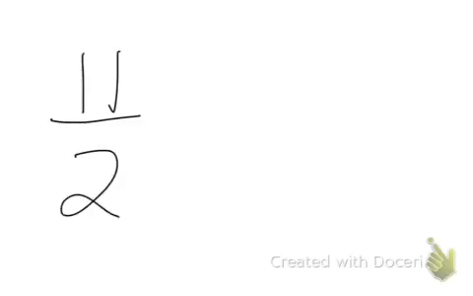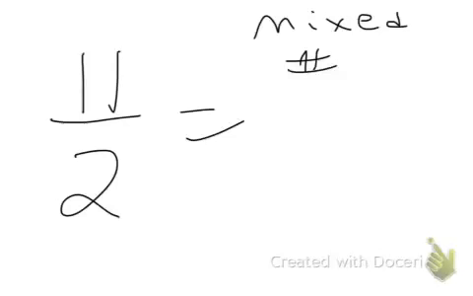Let's try one more here, and you can either draw it out or you can just solve it. I want you to do 11 halves as a mixed number. Pause and solve. Okay, you could have drawn it, or you could just solve it the way I showed you.